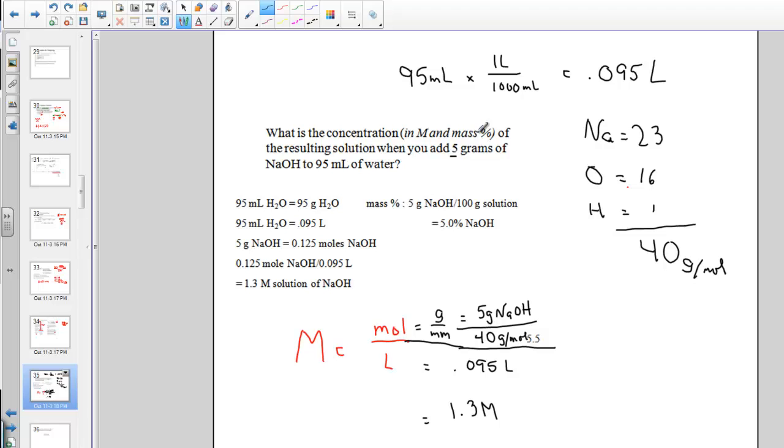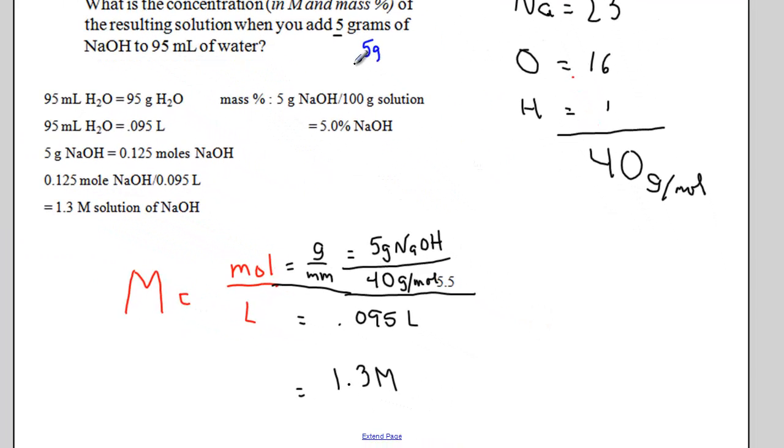Molarity, the other one was asked as mass percentage. Remember, this definition is the mass of the solute, which was 5 grams, over just the mass of the water, and that's 95 milliliters. But remember, the density of water was 1. So even though it gave us milliliters, I understand that's the same as saying 95 grams of water.